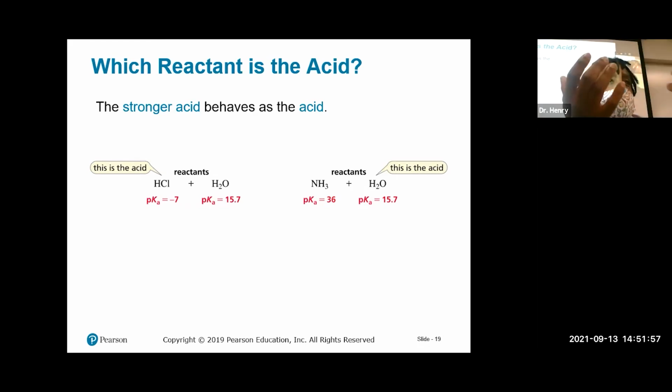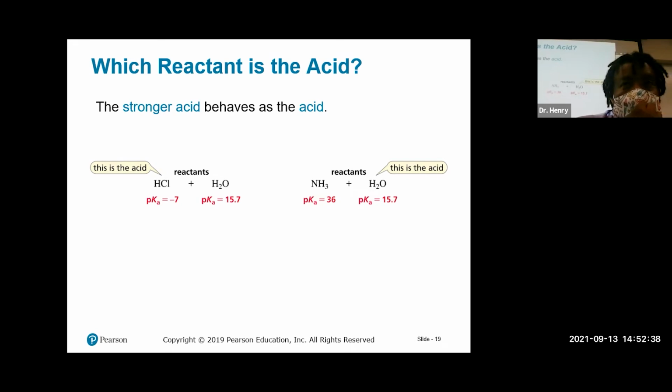So we can determine this by their pKa's, right? The one that has the lowest pKa represents the acid, okay? So when you have two of the things interacting, the one that has the lower pKa is going to act as our acid.